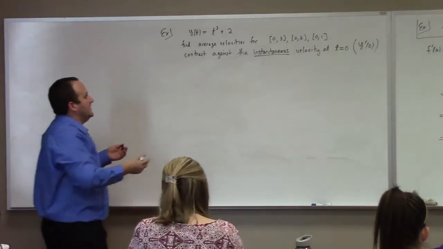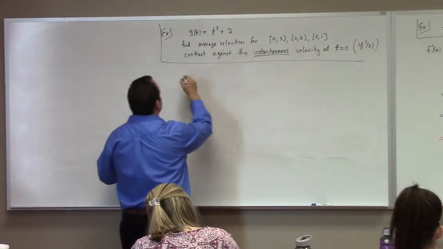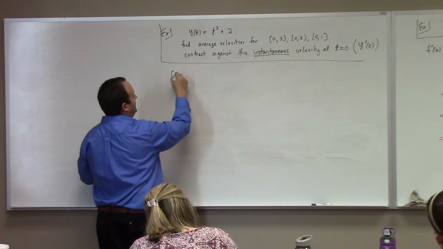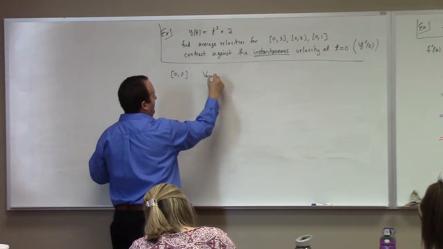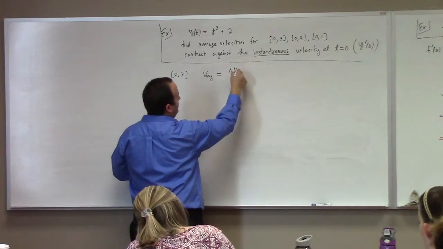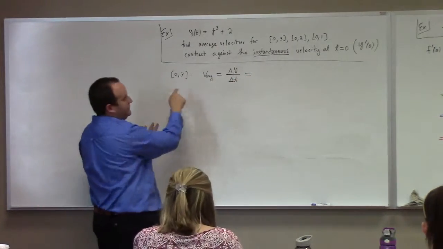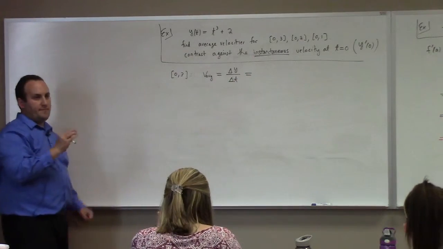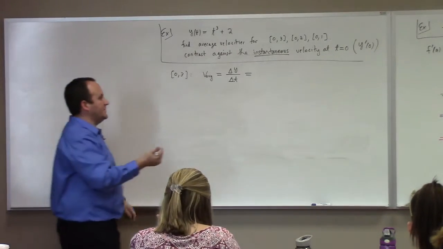Okay, so how do you calculate average velocities? Let's see here. So for 0 to 3, what's the average velocity? What you do is you calculate the change in y divided by the change in t. What's the change in time here? If you're looking at an interval from 0 to 3, there's 3 units of time, so we divide by 3.